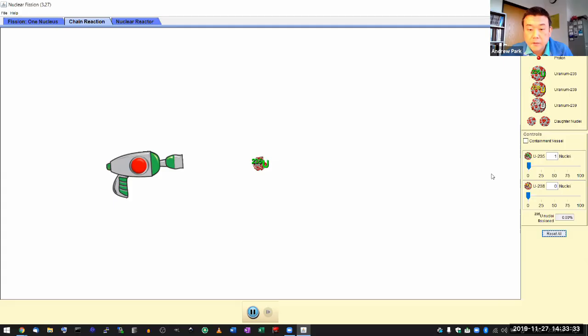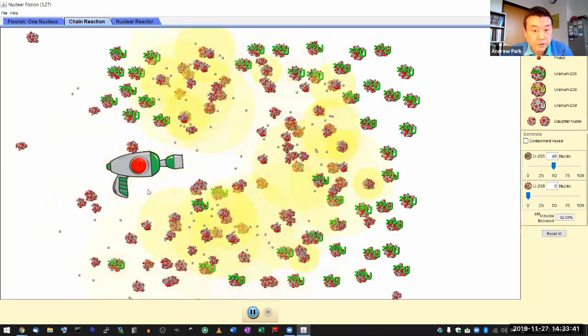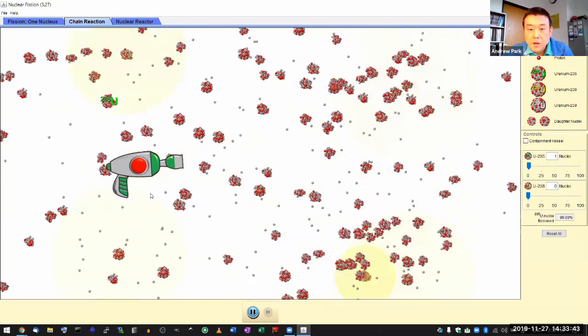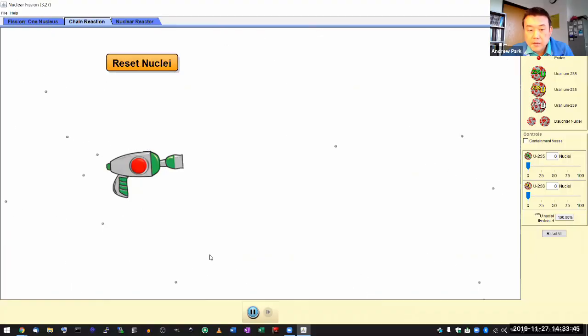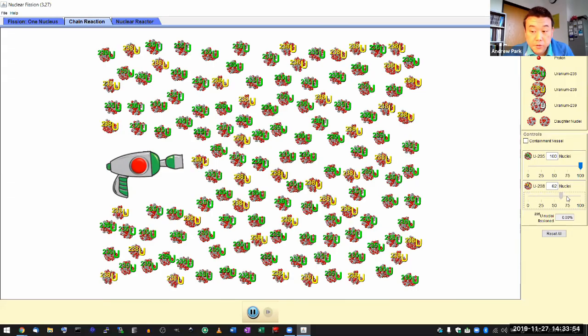So when you have an arrangement with a bunch of uranium-235, this is the setup that produced that chain reaction and nuclear explosion. You can mess up this arrangement by introducing uranium-238. Let me put in an equal number of uranium-238.